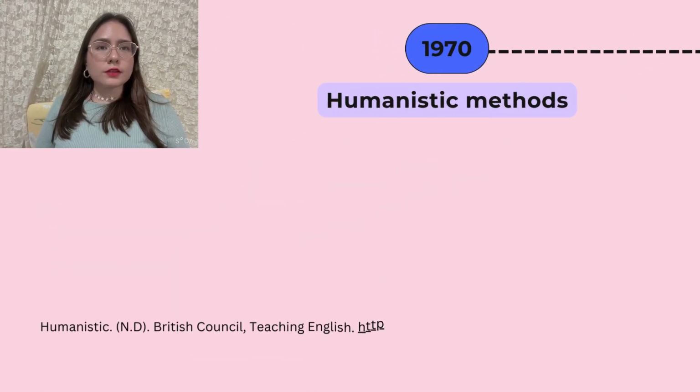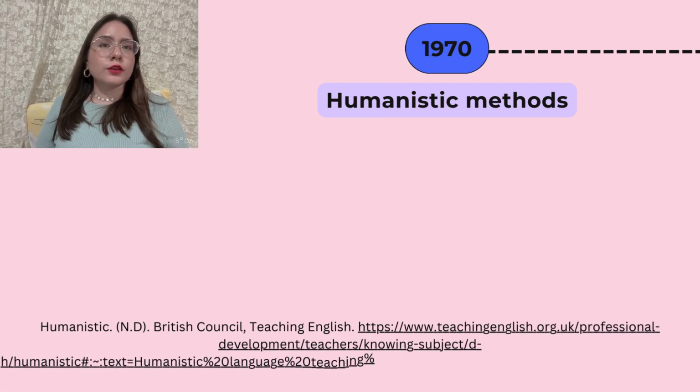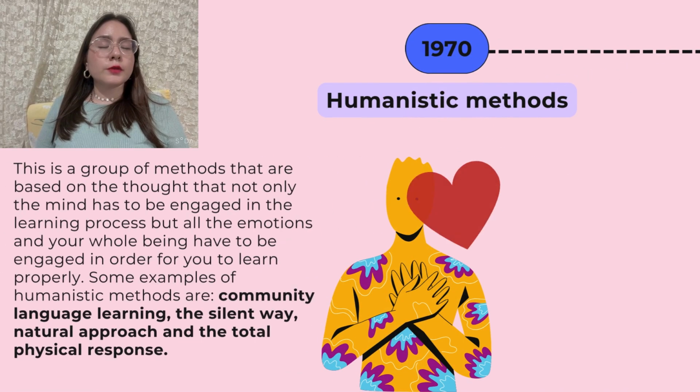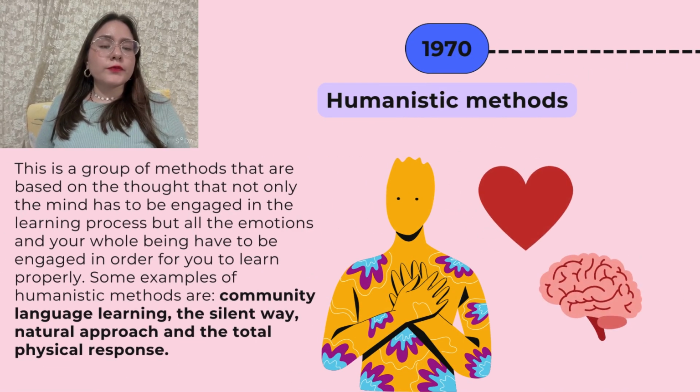Then in the 70s too, we have the humanistic methods. This is a group of methods that believe that the student is not only their brain or their mind, but instead the student has to involve their feelings, their emotions, and their whole being. And the student has to be actually engaged in order to learn a new language.